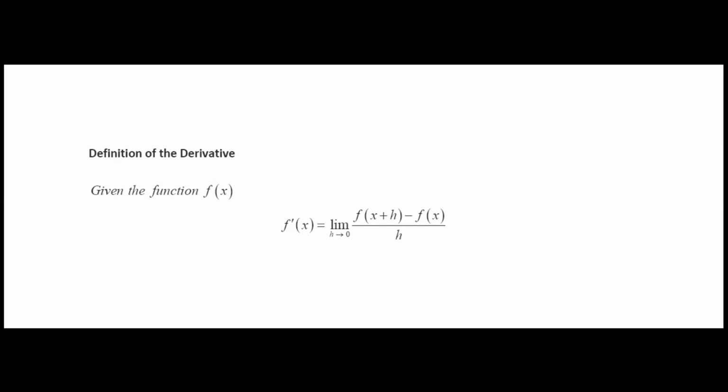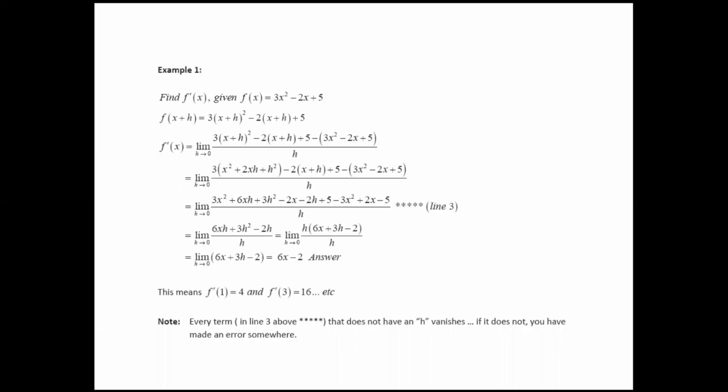What this means is, if you're given a function, you know f of x, you're given that. You find f of x plus h by substituting x plus h in for x in the function, and then do the algebra and the arithmetic. Let's take an example. If you're given the function f of x is 3x squared minus 2x plus 5, find f prime of x.